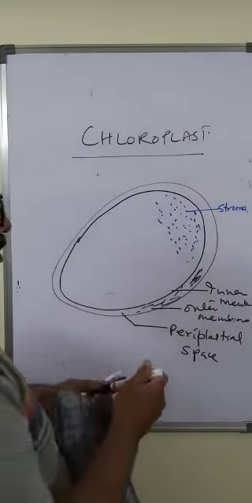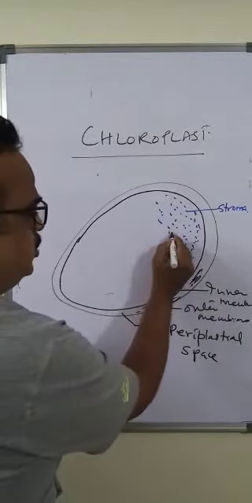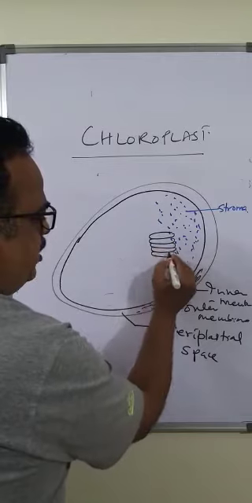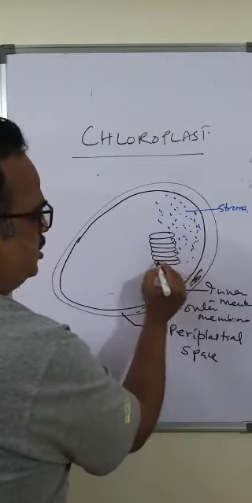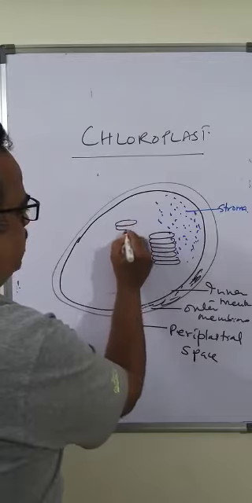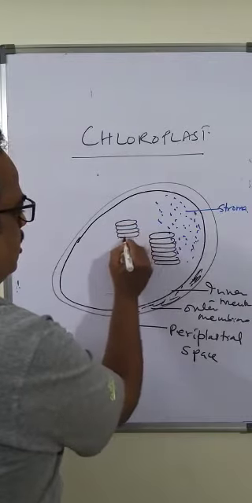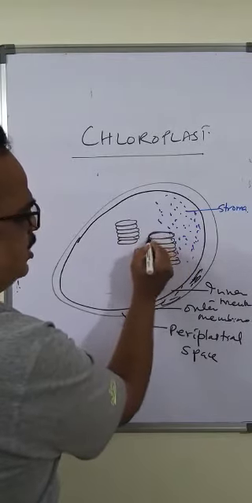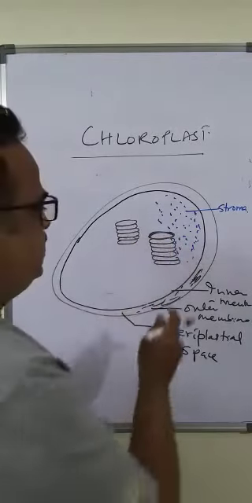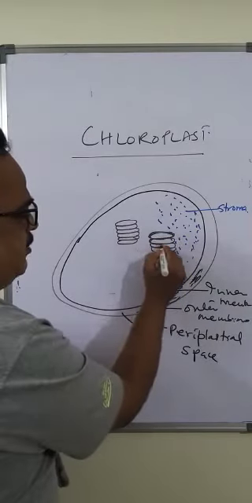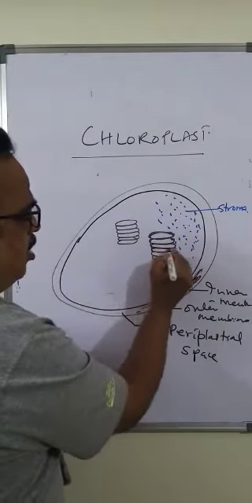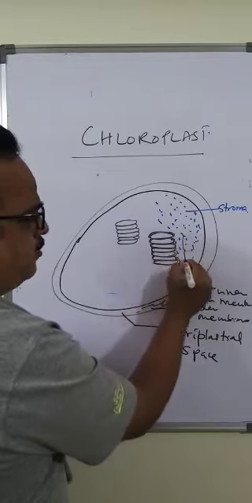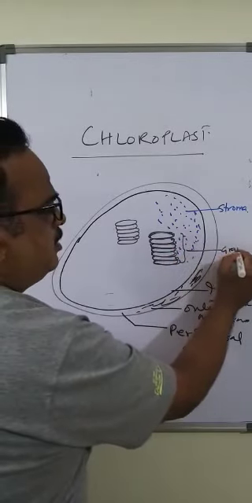And inside this chloroplast, small spherical lamella-like structures are present on one another. These lamella-like structures are present in a stack-like body, and this stack-like body is known as grana.